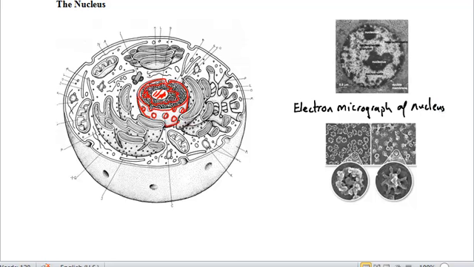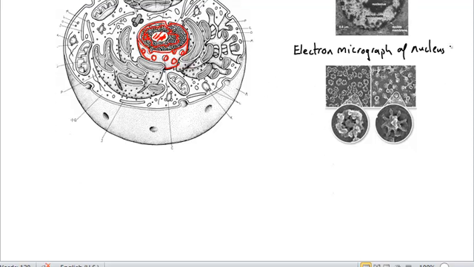And you can see some of the features here. And this is an even closer look at what's called the nuclear pores. Okay.